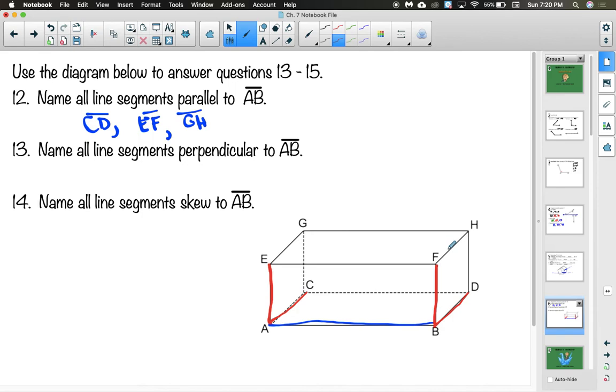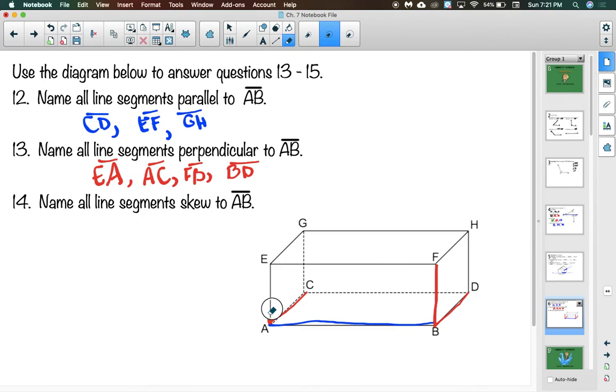And that's because, picture a tissue box or a shoe box, you have all those right angles going on. So we have line segment EA, line segment AC, line segment FB, and line segment BD. And they're all perpendicular to line segment AB.